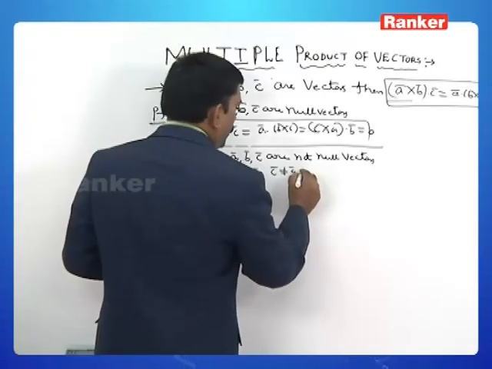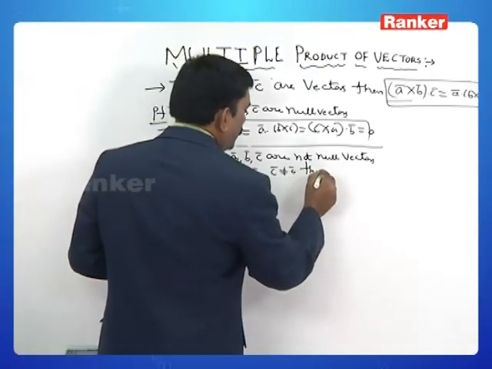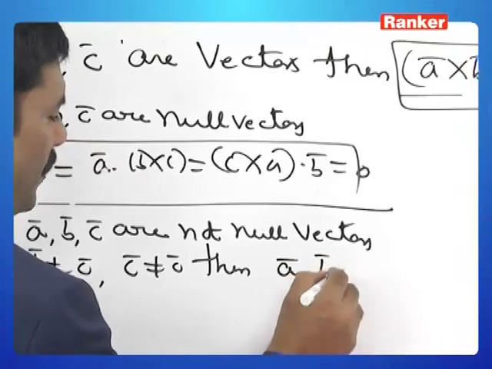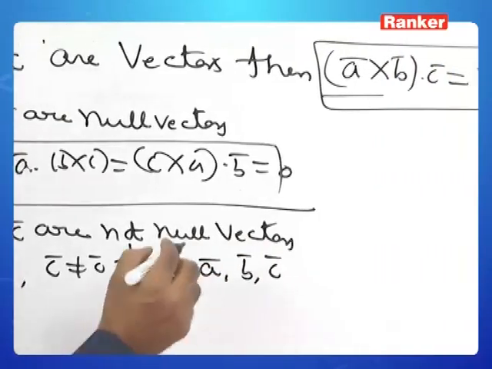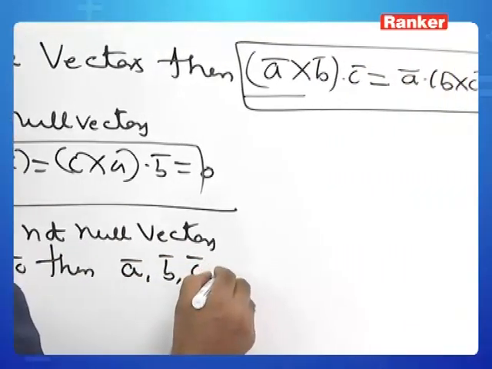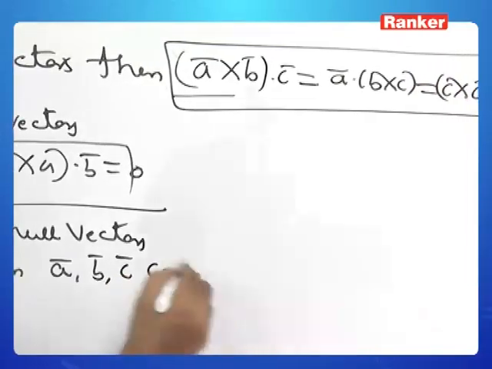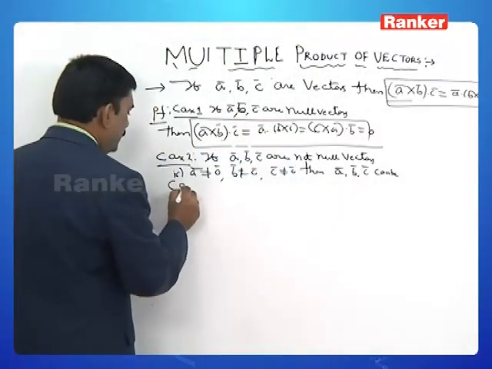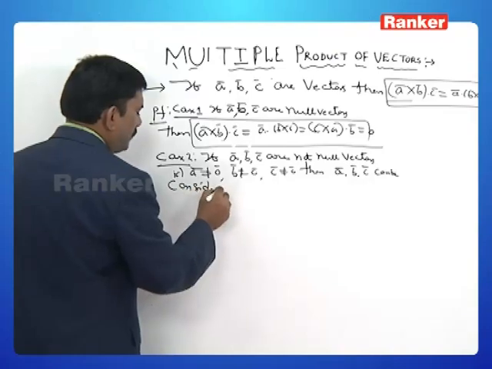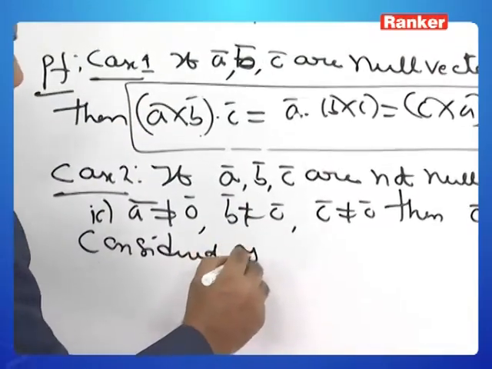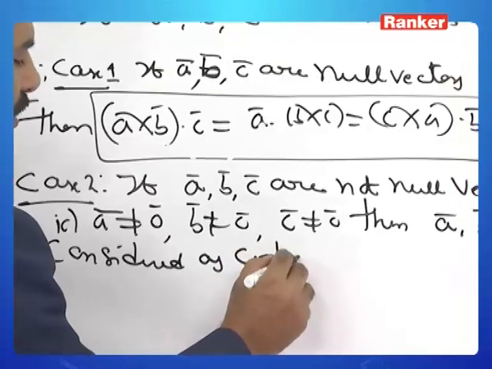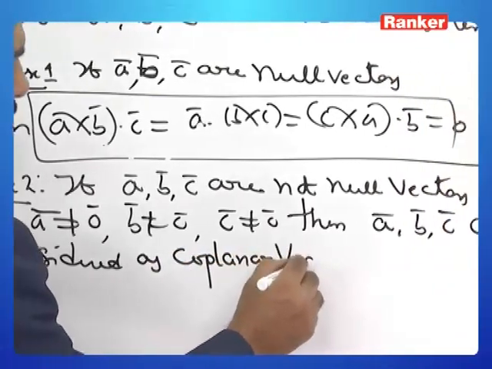Then suppose A bar, B bar, C bar can be considered as coplanar vectors.